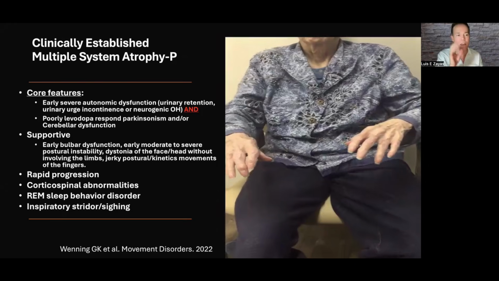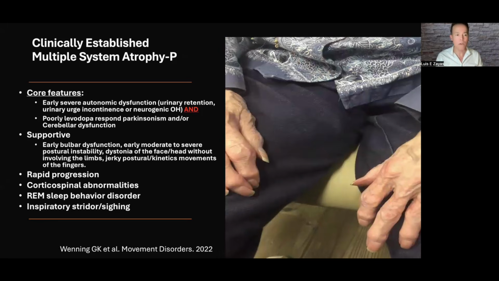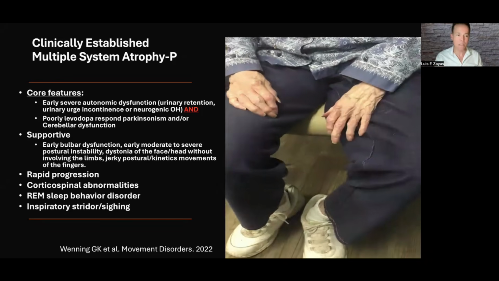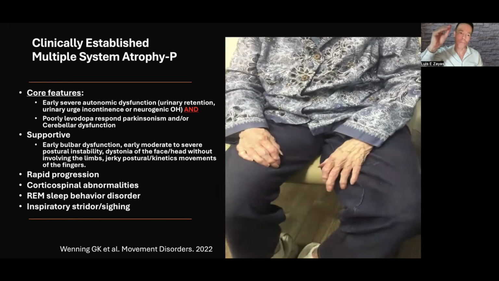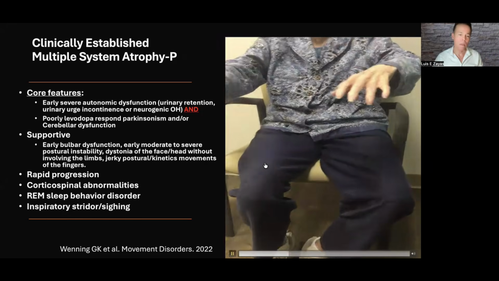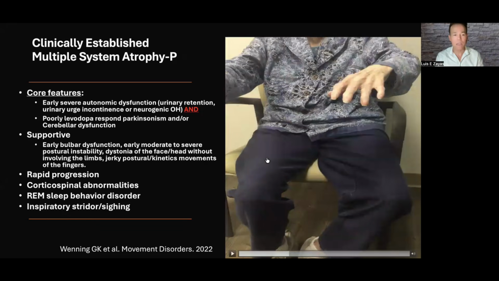So the key feature here, the core feature, is that you have severe autonomic dysfunction, which means that the patient's blood pressure drops significantly when they stand up, okay, very pronounced from the beginning, or they have retention. Retention and Parkinson's disease doesn't fit.